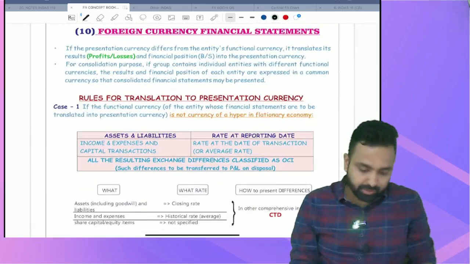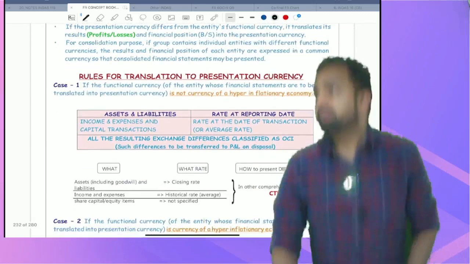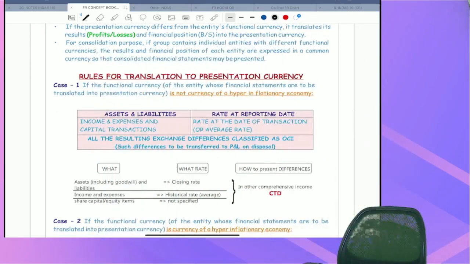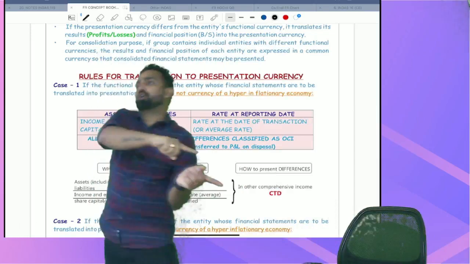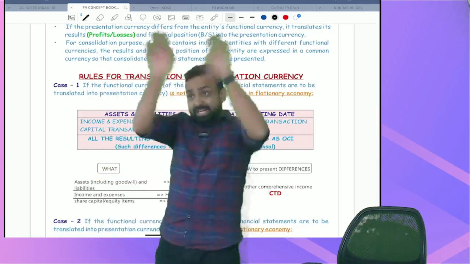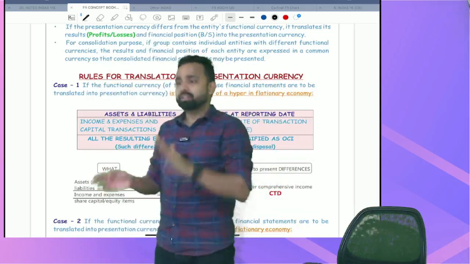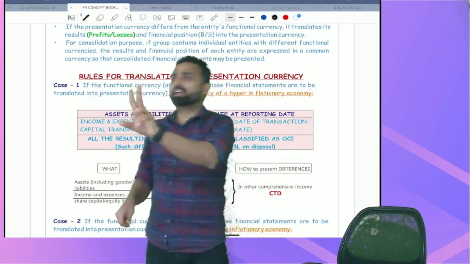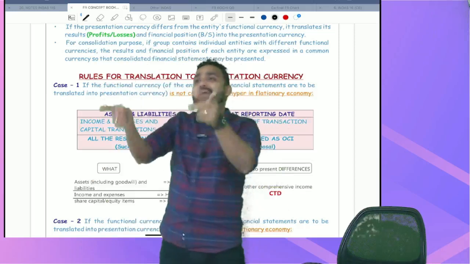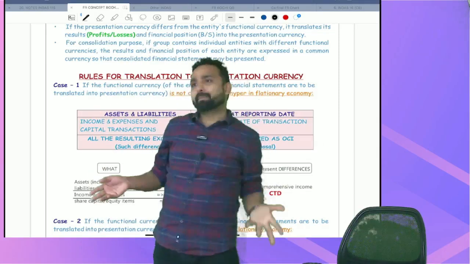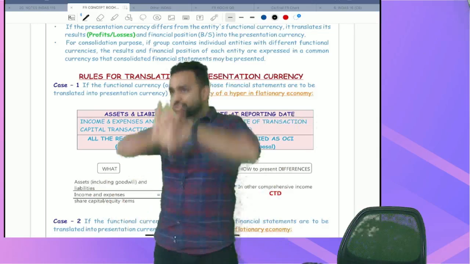Now this is again important. What was the brief approach? The brief approach we discussed right now. First, from foreign to functional: initial recognition at spot rate, and subsequent measurement depends on FCMI, FCNMI, cost, other than cost. You understood now?